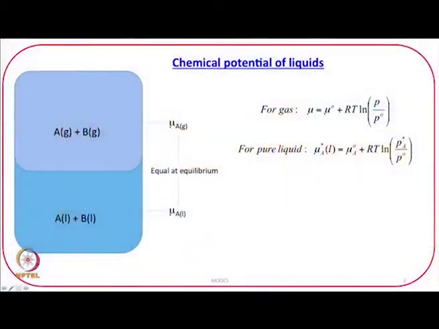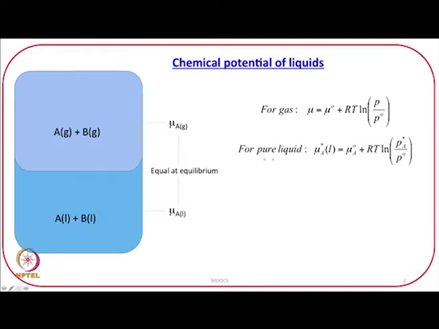So, I am writing this equation mu A star liquid, instead of mu, for the liquid form, and the remaining thing I am writing the same, mu naught plus RT log P A star by P naught, where P A star is the vapor pressure of the pure liquid.